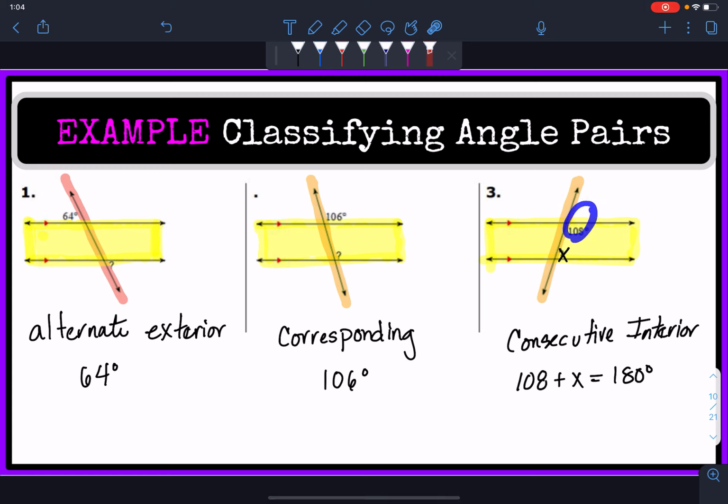So we can consider this to be X, and we could also think about this as, oh look, we have a linear pair, so they're going to add up to 180 degrees. So the way we're going to figure this out is by subtracting that 108. So 72. So the value of that missing angle, which I'm going to label as X, is equal to 102.